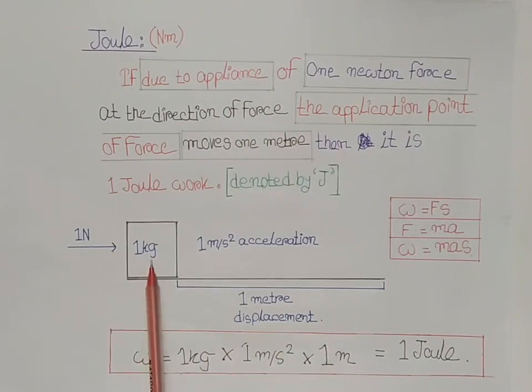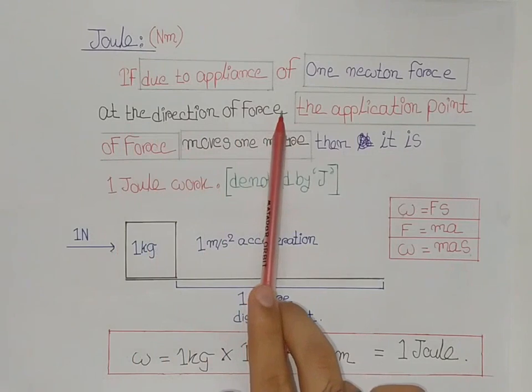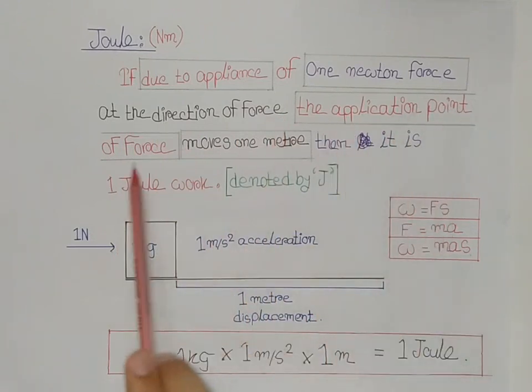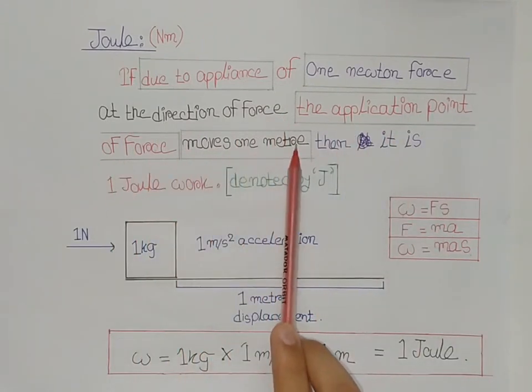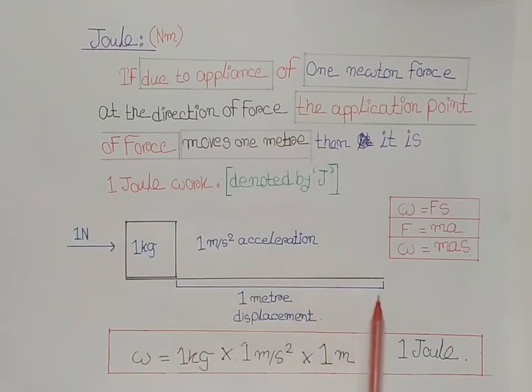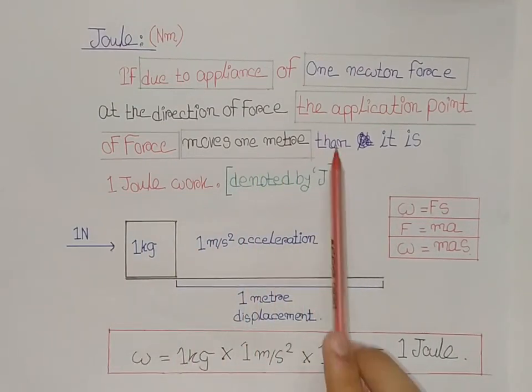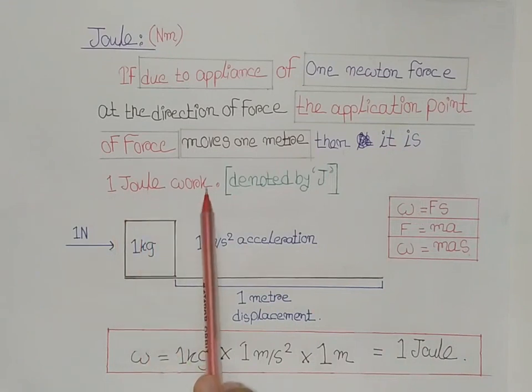The mass of the object is 1 kg. At the direction of force, the application point of force moves 1 meter. The application point of force means the object moves 1 meter at the direction of force. Then it is called 1 joule work.